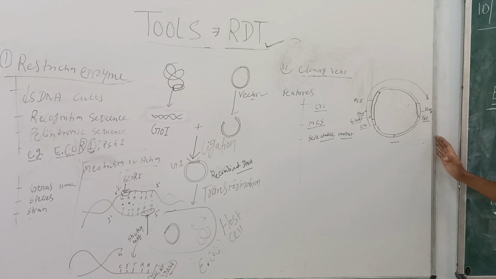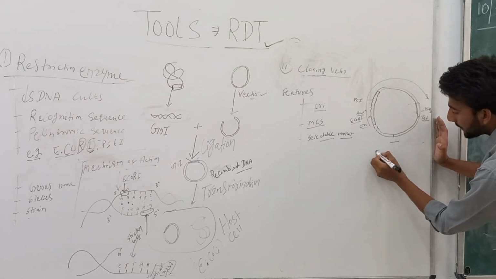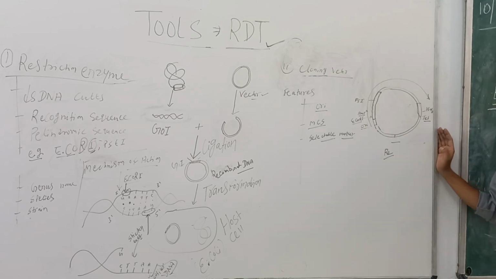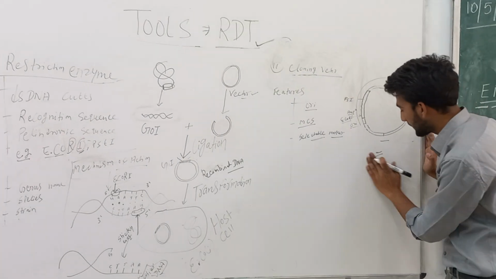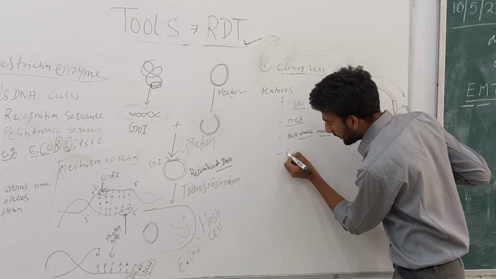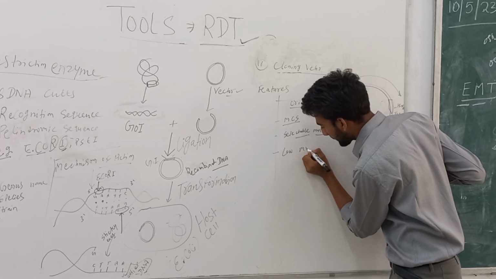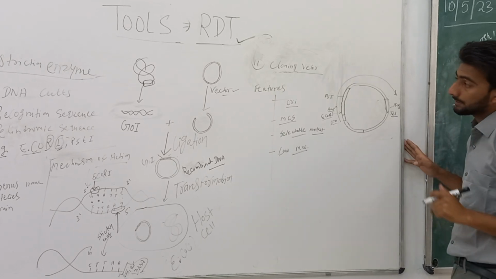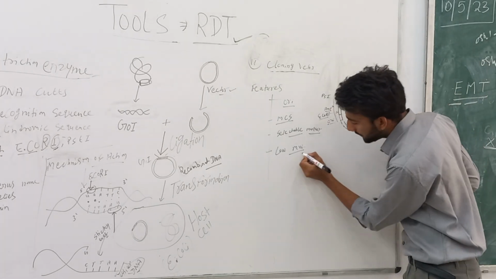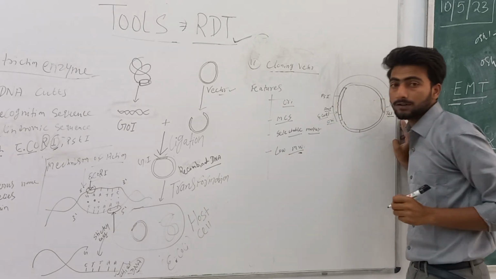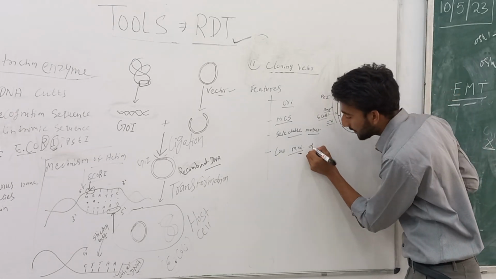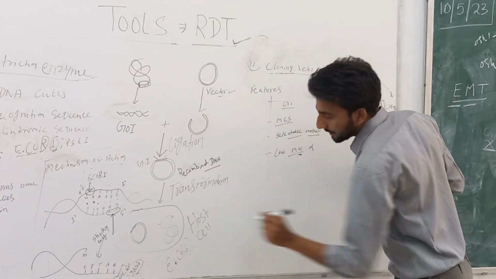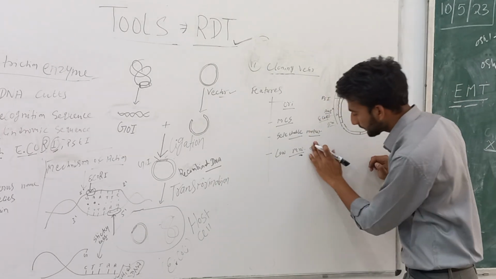They separate the transformed and recombinant cells from non-recombinant and non-transformed cells. Fourth, low molecular weight. Why do we need a low molecular weight cloning vector? Because if we have a low molecular weight cloning vector, we can generate a large copy number of our desired DNA fragment.